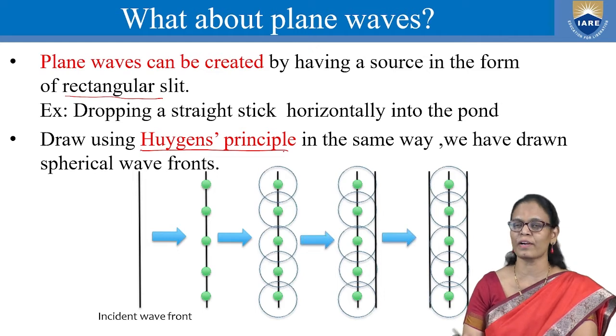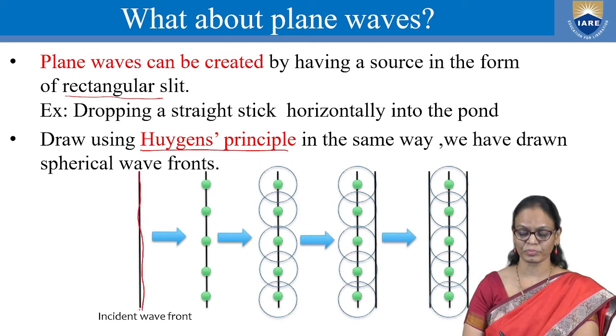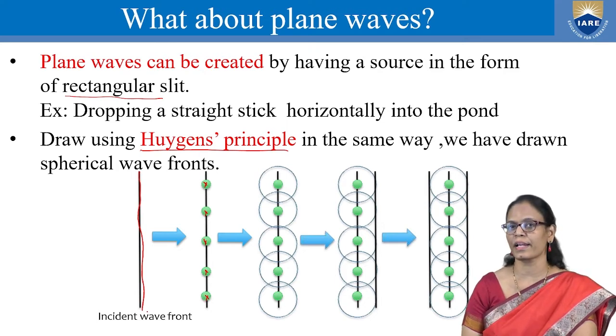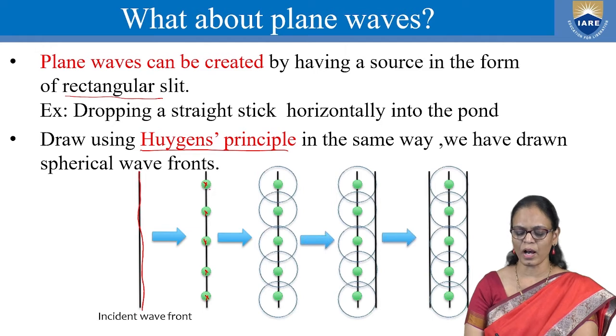In the same way as we have drawn spherical wavefronts. So what we are going to see here is the incident wavefront. On the incident wavefront, you consider different points. Now these points will act as secondary sources. So now with each point as a center and the same radius, you start drawing circles.